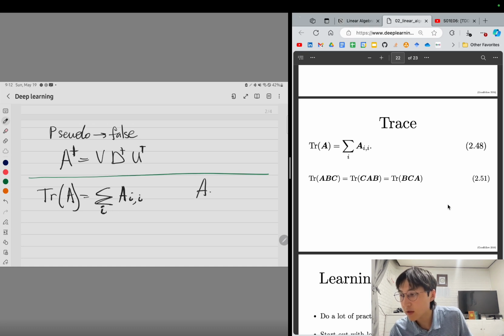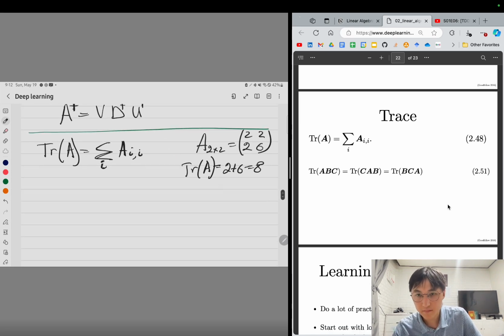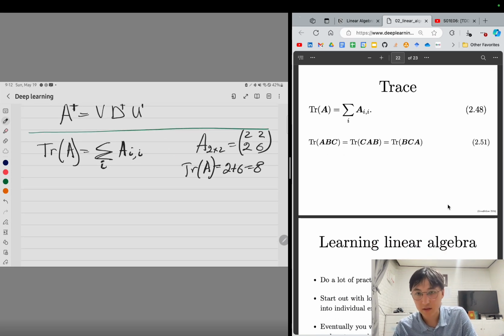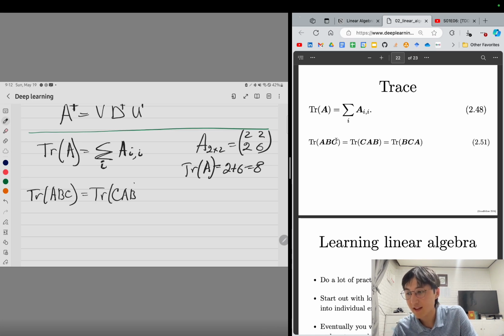Assuming A is 2 by 2 with rows 2 2 and 2 6, the trace of this A is equal to 2 plus 6 equals 8. That's about trace. And it says that the trace of ABC is equal to the trace of CAB or the trace of BCA. So they are equal.